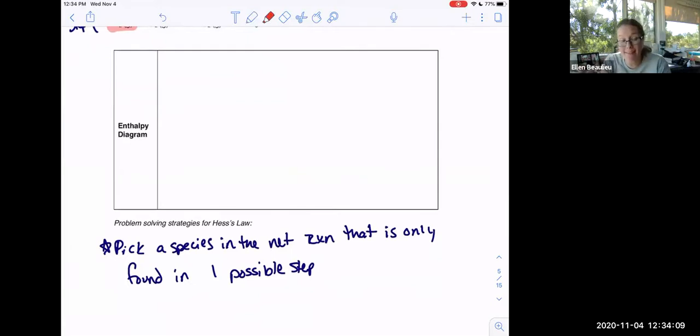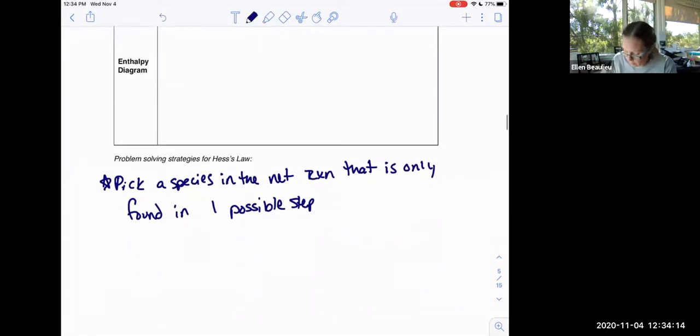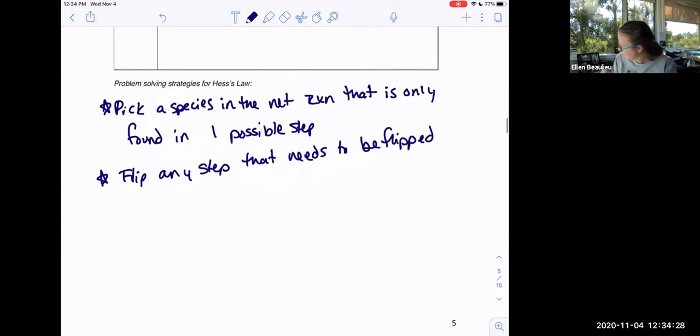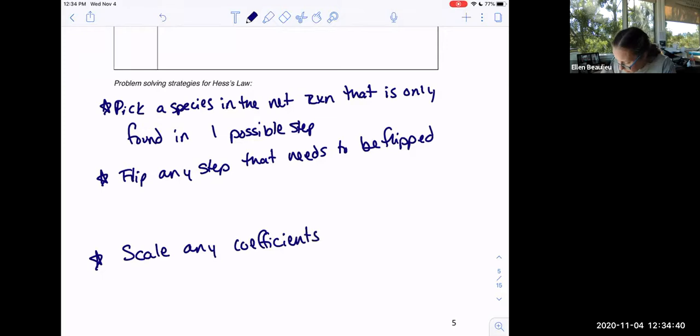Once you found a step that has a single reacting species, flip any step that needs to be flipped. Scale any coefficients that need to be scaled.